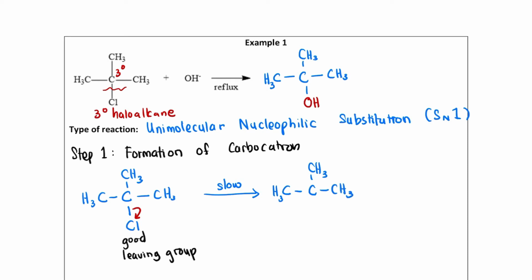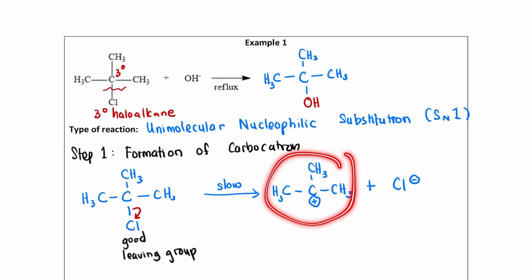Okay, so since this carbon tak dapat electron, so this carbon become positively charged. Okay, and then Cl become negatively charged, Cl minus. So plus minus dia neutral lah. Okay, so this is what we call carbocation. Okay, so kita dah berjaya menghasilkan carbocation.